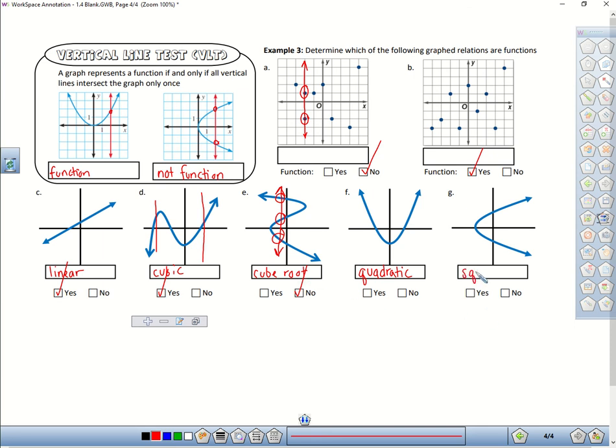And this would be a square root function or relation. So over here, if I draw a vertical line anywhere on my quadratic relation, I can see that it is a function because it's not going to pass more than one point on my line. But over here, this is a square root relation, which is essentially the same thing as the quadratic function, but it is rotated. This is not a function.